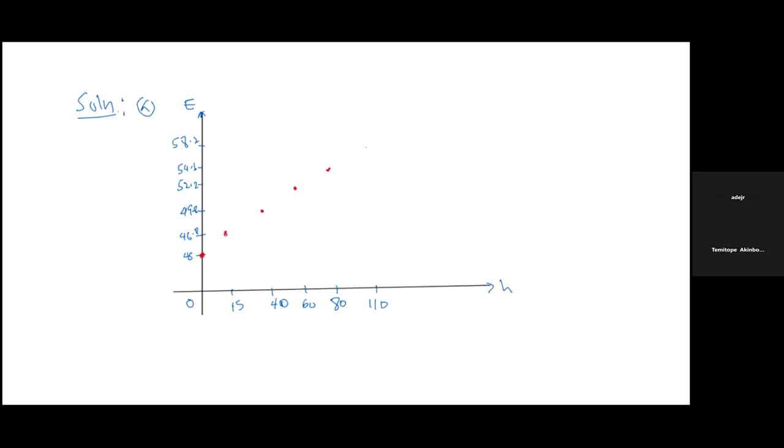So you now trace the points together, join them together. So let me just put the line like this. Let me use freehand so that we can make our claim that the model is.